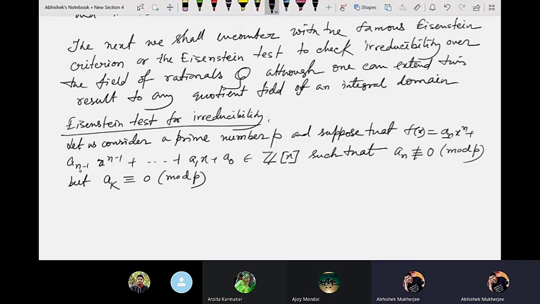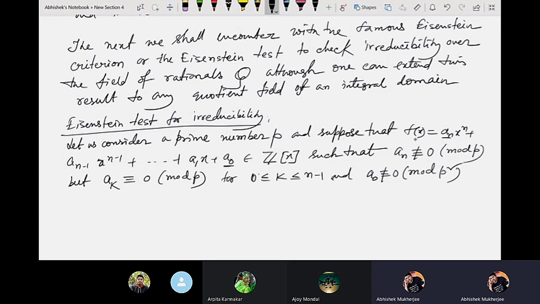That is, p will divide a_{n-1}, a_{n-2}, a_1, a_0, all of this, for 0 less or equal to k less than or equal to n minus 1. And the last condition is the constant term a_0 is not congruent to 0 modulo p square, that is p square will not divide a_0.